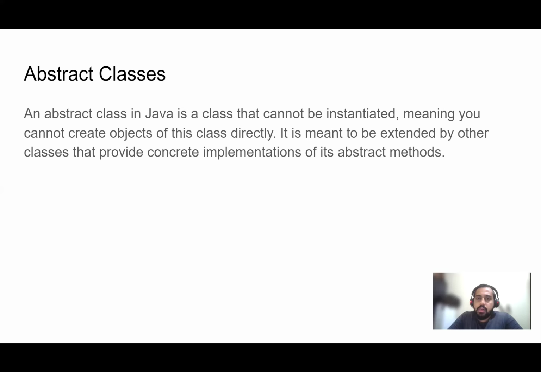But suppose in our use case or requirement, we need a parent class where at least some of the methods are generic for all the child classes. In such cases, we can't go with interfaces because interfaces don't give a body.